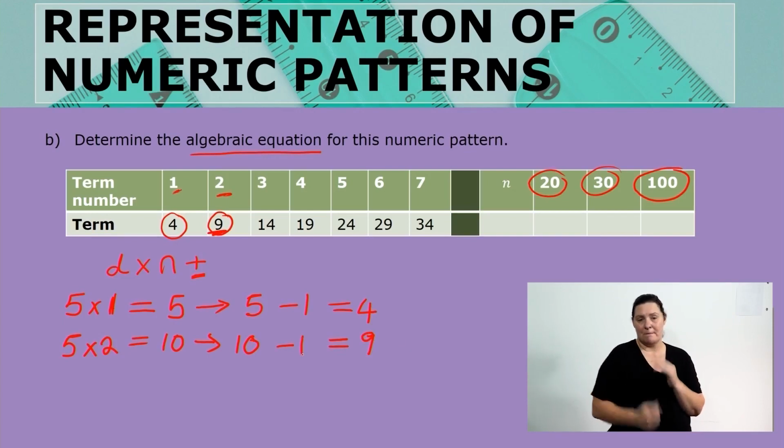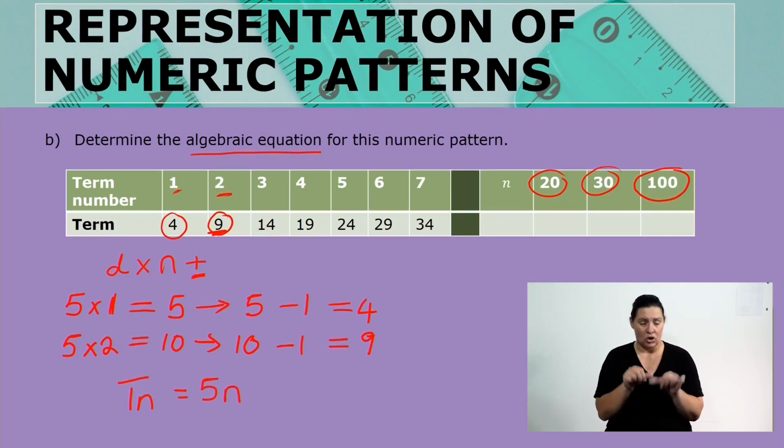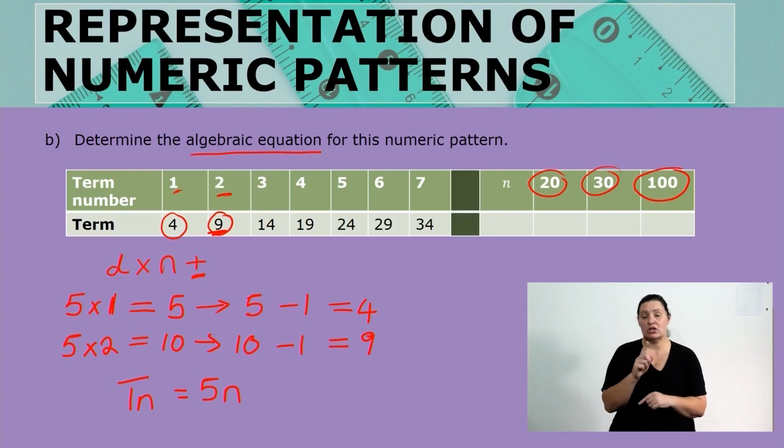Yes, you are correct. I'm going to subtract 1. So this means that our rule or our equation here is going to be Tn is equal to 5n, remember, that's the constant difference of 5, multiplying with the term number, and we are going to subtract 1 as we've discovered from these 2 examples.